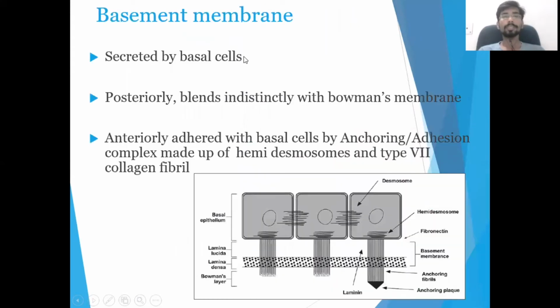The basement membrane is secreted by the basal cells. Posteriorly it blends distinctly with Bowman's membrane. Anteriorly it is adhered to the basal cells by an anchoring or adhesion complex made of hemidesmosomes and type 7 collagen fibrils.